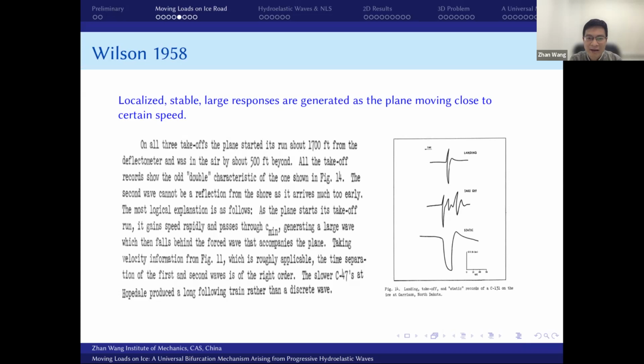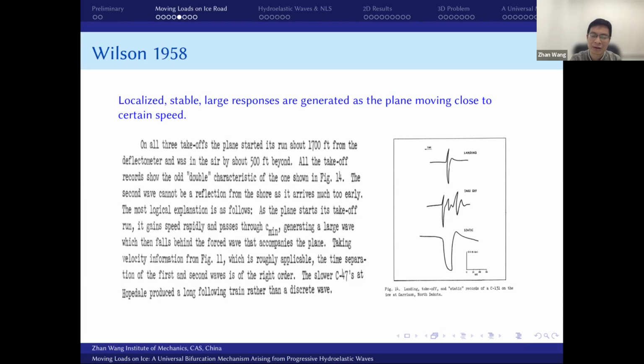He said, as the plane starts its takeoff run, it gains speed rapidly and passes through C min, generating a large wave, which then falls behind the first wave that accompanies the plane. So he found two waves in the takeoff record. One wave is just forced by the plane, and the other wave comes from nowhere. And he explains why that happens.